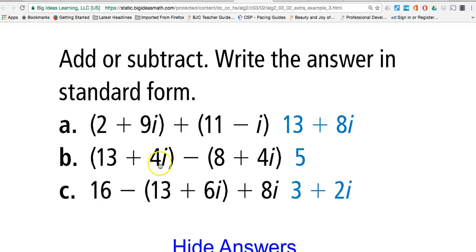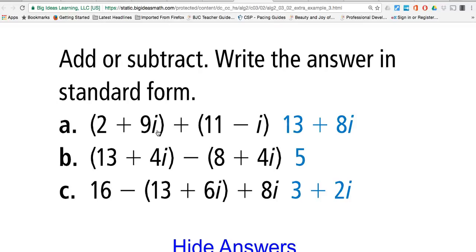Now, what I want you to keep in mind, this is almost like when we work with a variable, like 4x right here, or 9x minus x. You've already been doing this for years. You've just been combining like terms with constants and with numbers that have a variable.